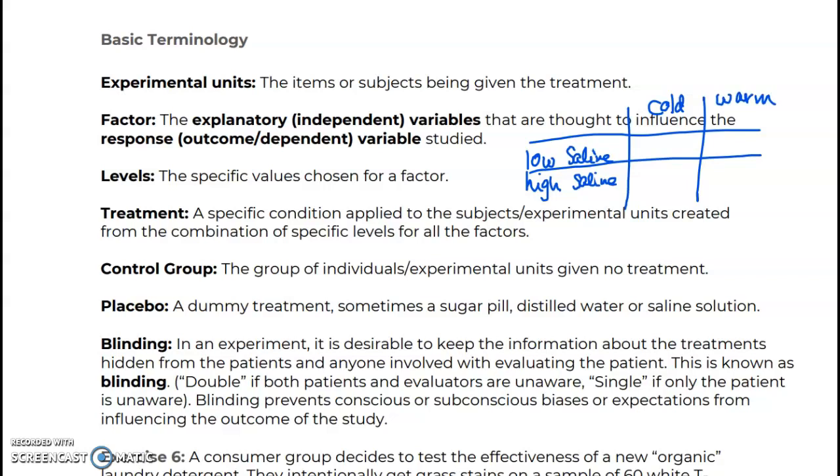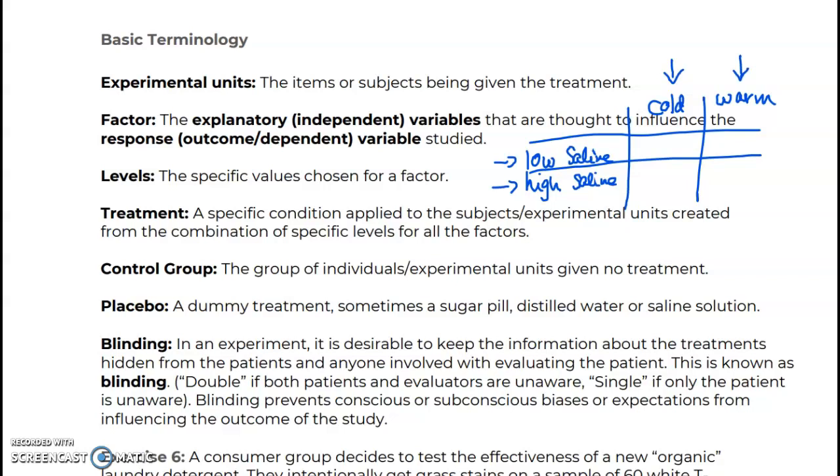And so the two factors are the temperature and the salinity level. And our different levels are, we can have low salinity, high salinity, so little salt, a lot of salt. And for the temperature, we could have cold or warm water, or we could have different temperatures over here.